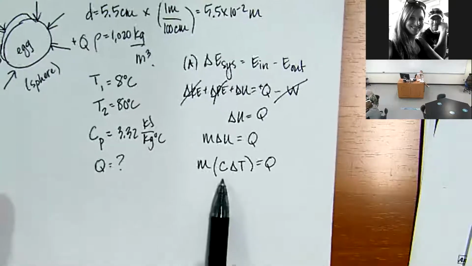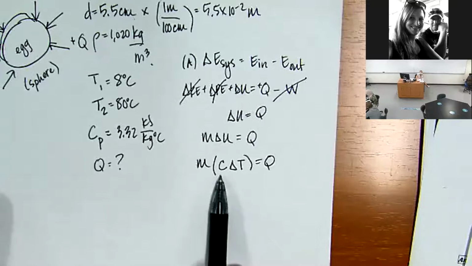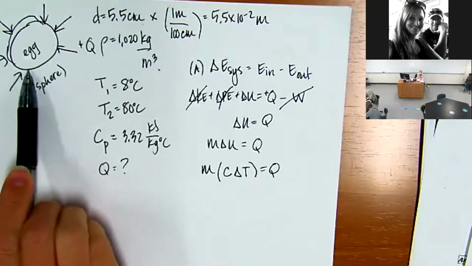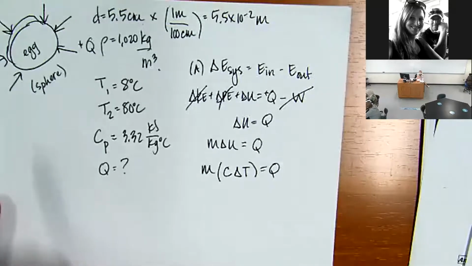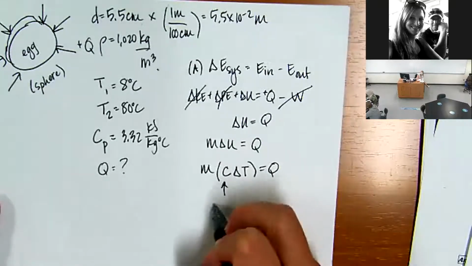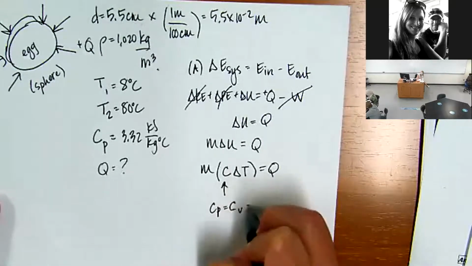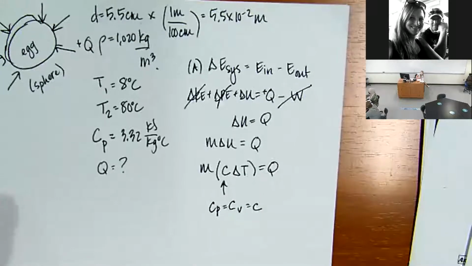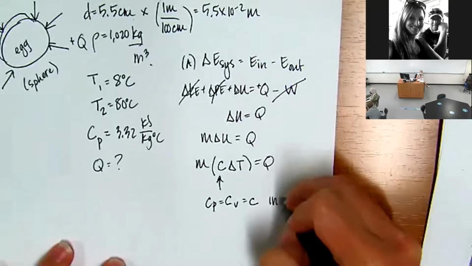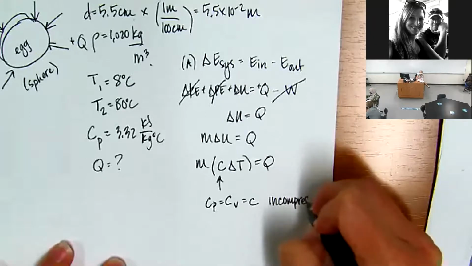So if you notice here, I'm not putting C sub P or C sub V or C sub anything because my egg is a liquidy substance that's turning into a solid, which are both incompressible substances. So for this C here, my CP is equal to my CV is equal to my C. The specific heat values at a constant pressure or a constant volume are going to be equal, and they are the same for any incompressible substance.